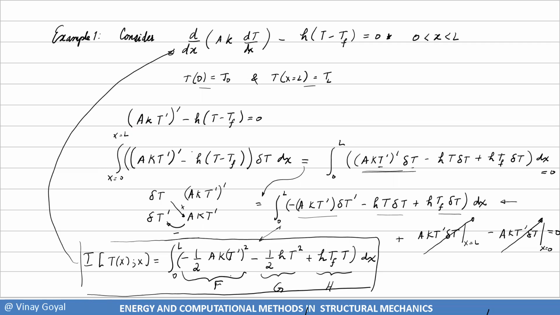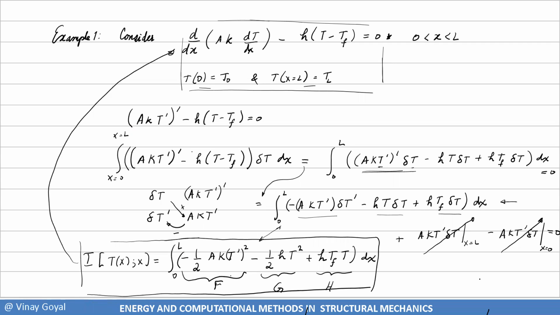So this functional does a very good job of describing that governing equation. Meaning, if I find the function T that minimizes or maximizes I, that function T can be found by solving this governing equation. So that's the one that will minimize or maximize the functional.